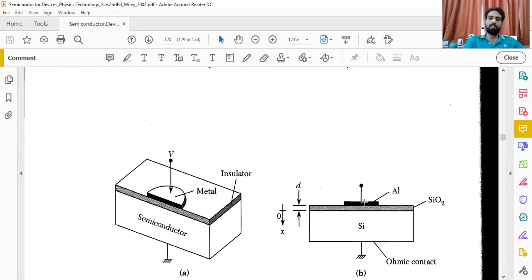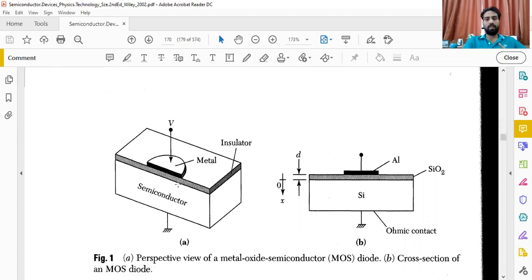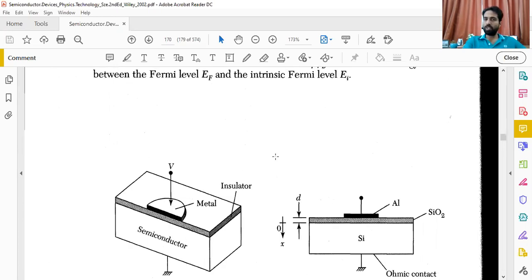Here we have this diode connection, and here we are going to provide the supply. V may be connected with the positive part or the negative part. Whatever voltage and potential you provide will appear on this metal because it is directly connected with the external supply. This assumption has been taken up here.